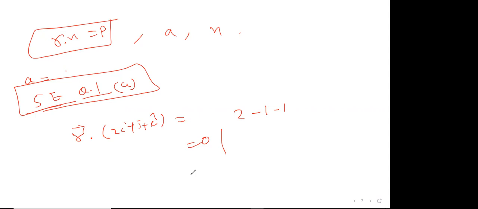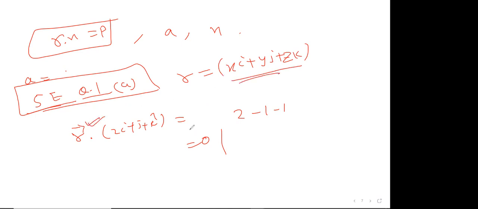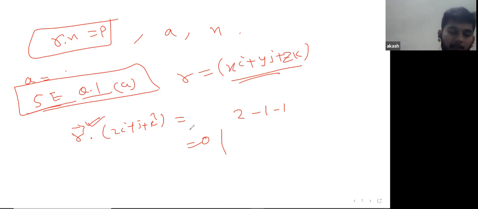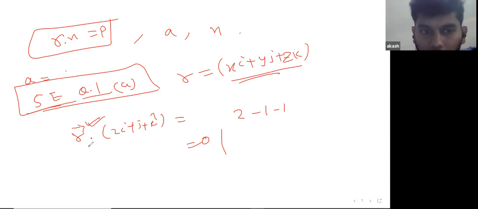No, sir. I don't know. Just replace r as xi plus yj plus zk. Replace r here with this quantity and find the dot product. You will have the answer in Cartesian form. It's not going to be 2x because we are doing a dot product, right?